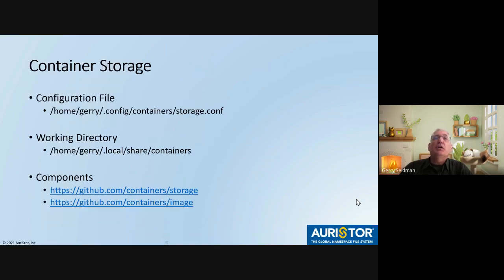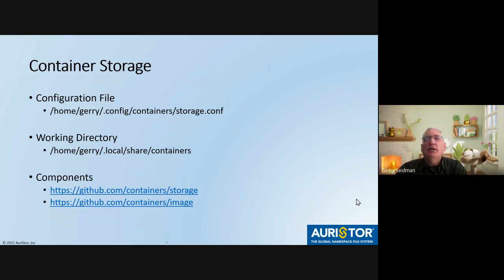Container storage. Again, this is teaching the choir. You've got the storage.conf file, and then you have a local working directory where the container layers and images information are stored, at those respective paths.